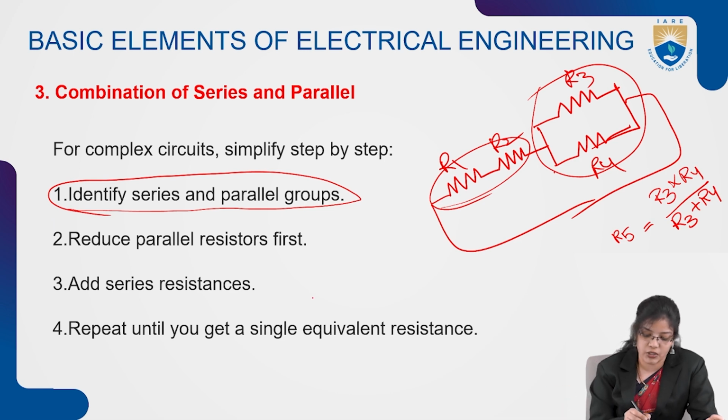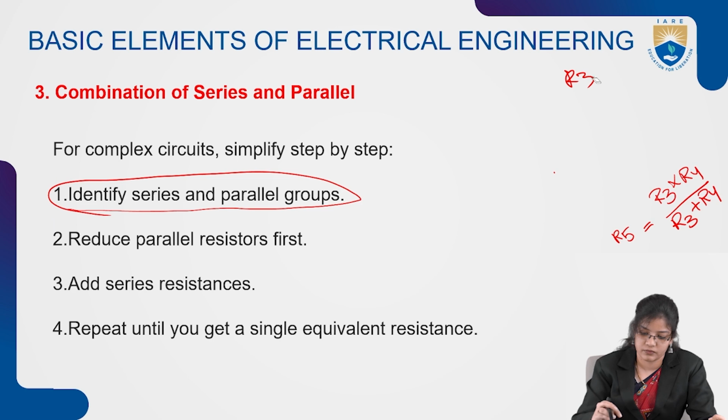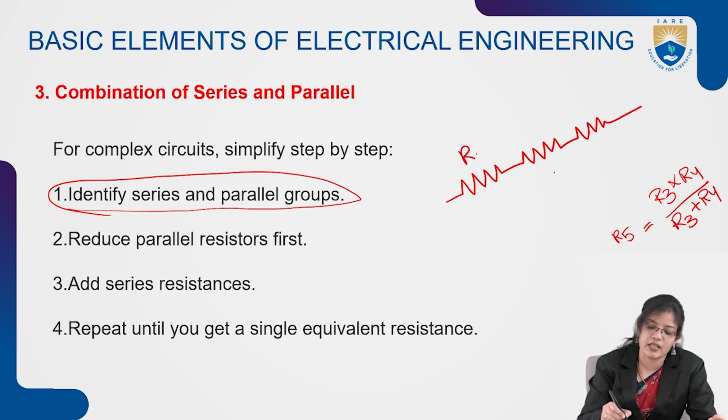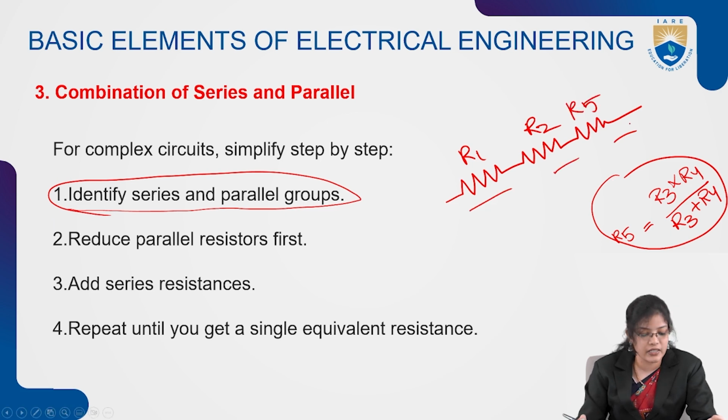So if we reduce this circuit, it can be drawn as three resistances connected in series, which are R1, R2, and after reducing, R5. So these three resistances are connected in series.